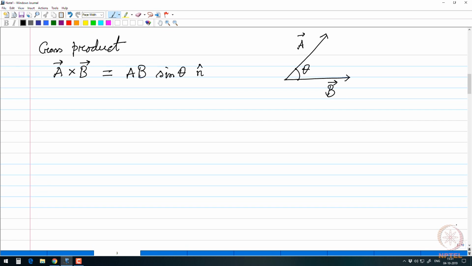But it is important to know whether it would point outward or inward to this plane. So, the idea is that we will apply the right hand rule.